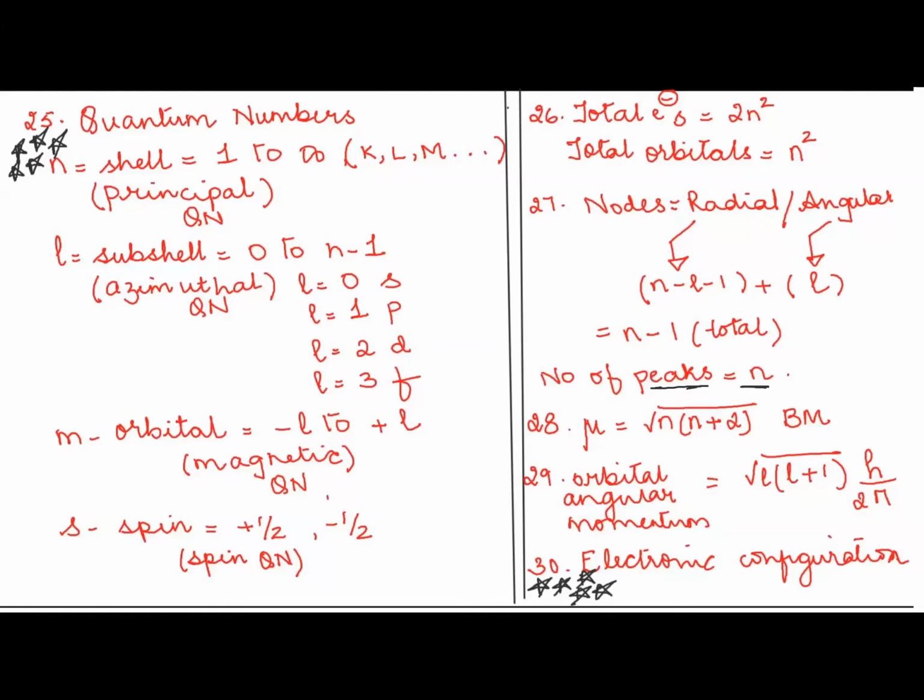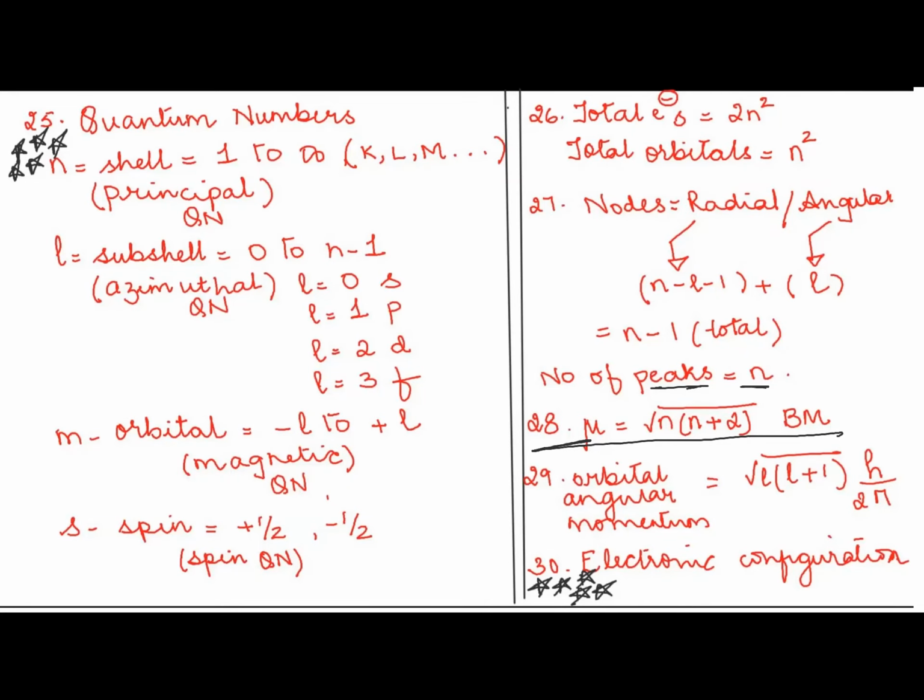Coming to the next formula, children, this formula is very, very important, but I have not marked it important here. That's because this formula belongs to d-block elements, coordination chemistry. Maybe in some other chapters also you have used it in inorganic chemistry, but it starts from this chapter. So it can be considered a common question.